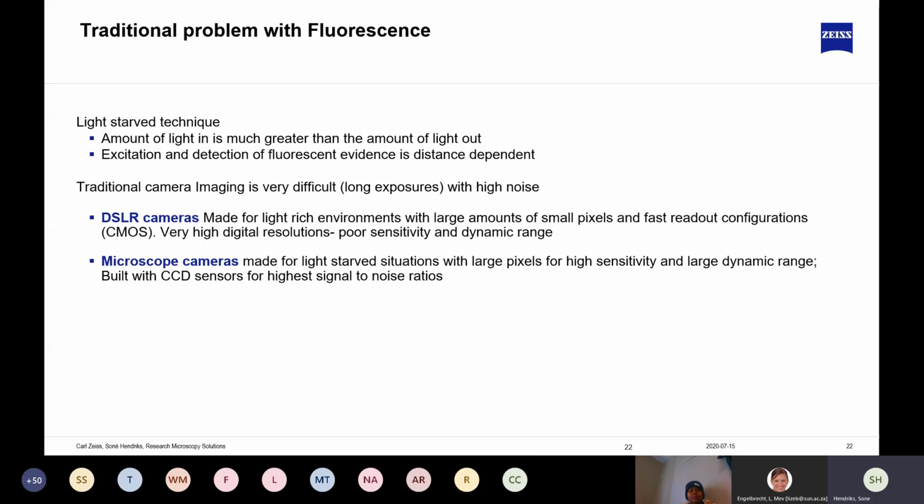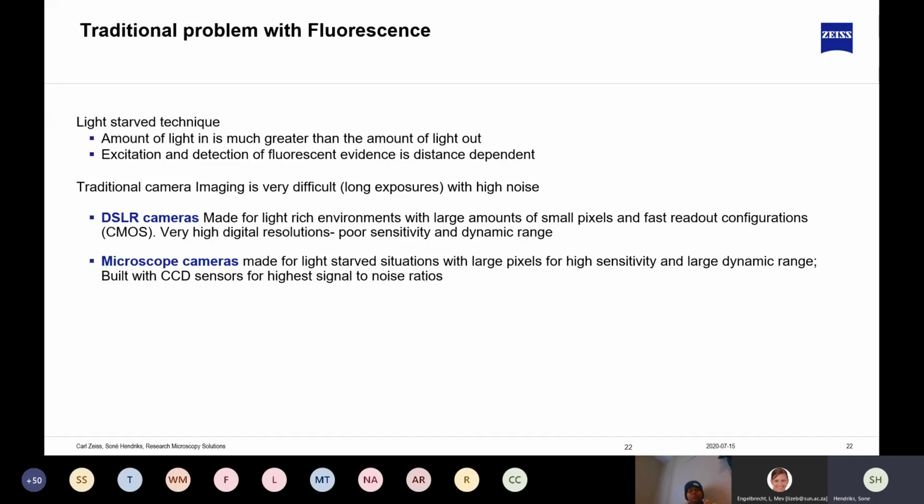If you're going to take family pictures on a Sunday at a picnic outside, then if it's a beautiful sunny day, you're going to get very nice images, and you can actually see the resolution because you have very high resolution cameras because of the amount of pixels. However, microscope cameras are designed for light-starved situations.